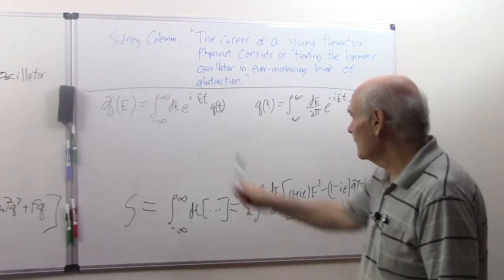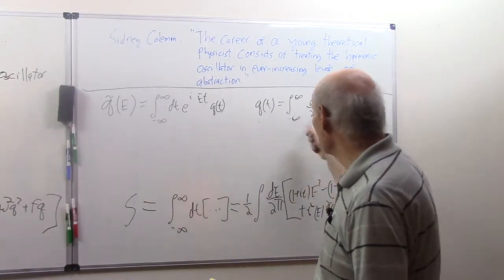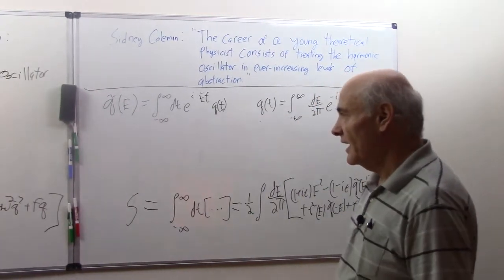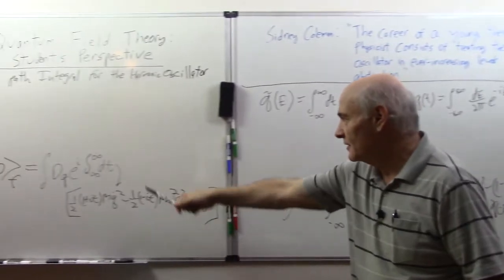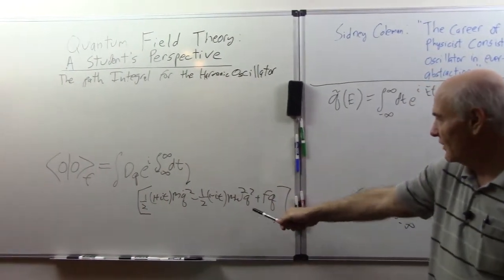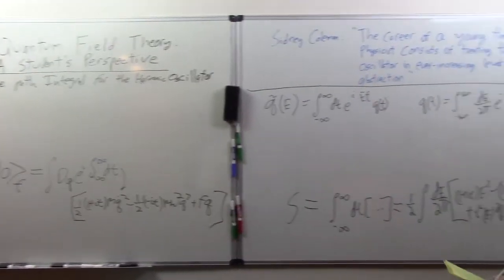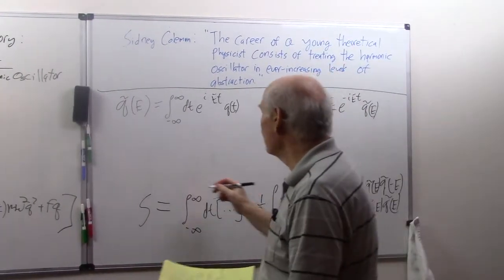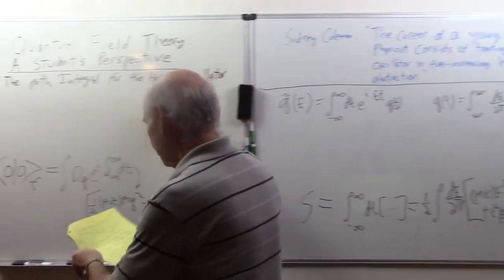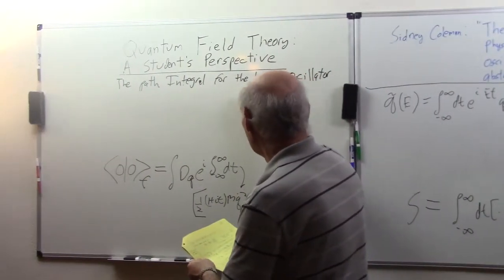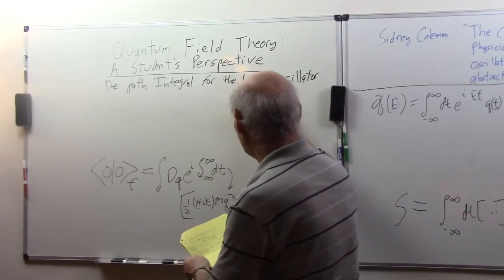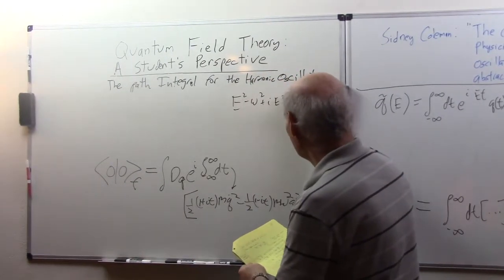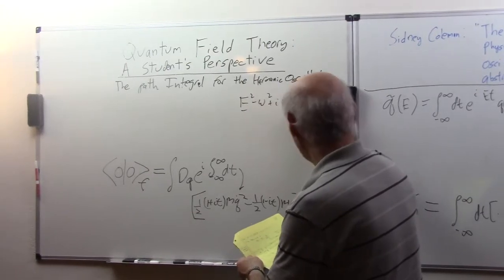So these were our Fourier transform variables, the tildes and the non-tildes. And this whole formula here is eventually our objective. First of all, I just want to point out it might happen if we have something like E squared minus omega squared plus i epsilon.